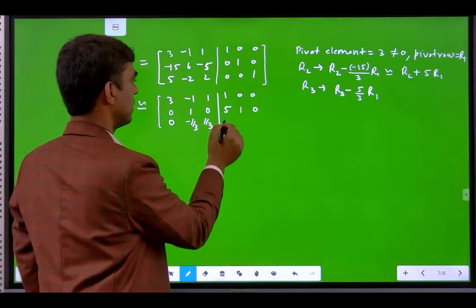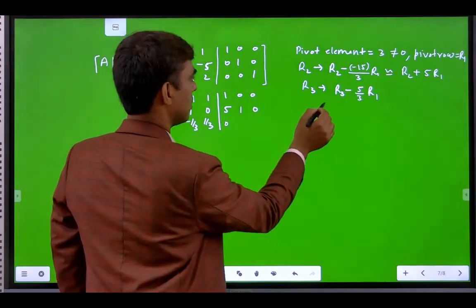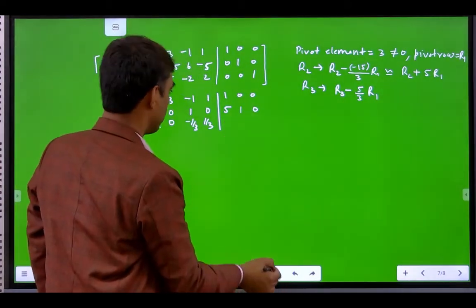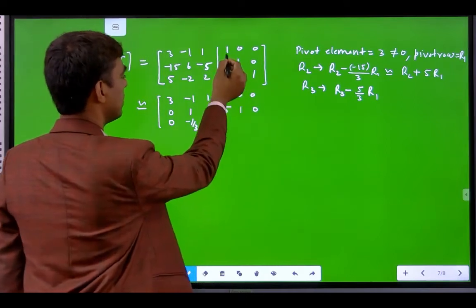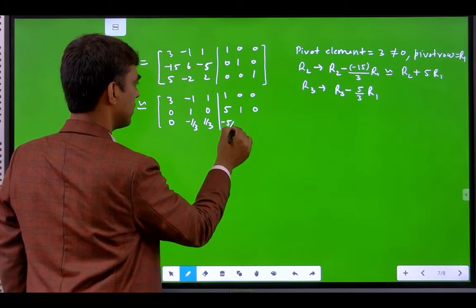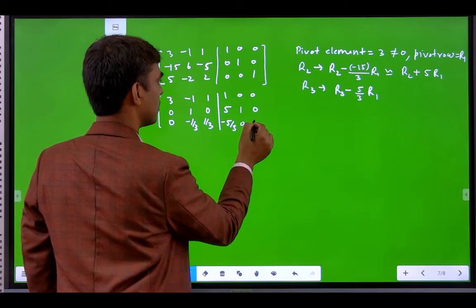This becomes 0, and here multiplied by 5 by 3 we get minus 5 by 3, minus 5 by 3, 0, and this one is also a 1.